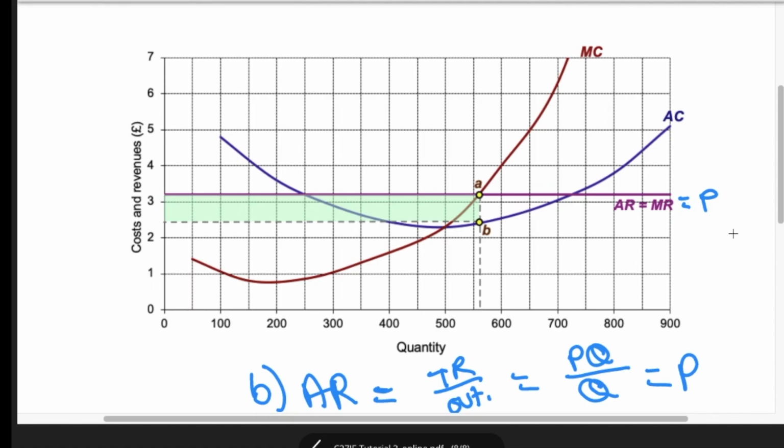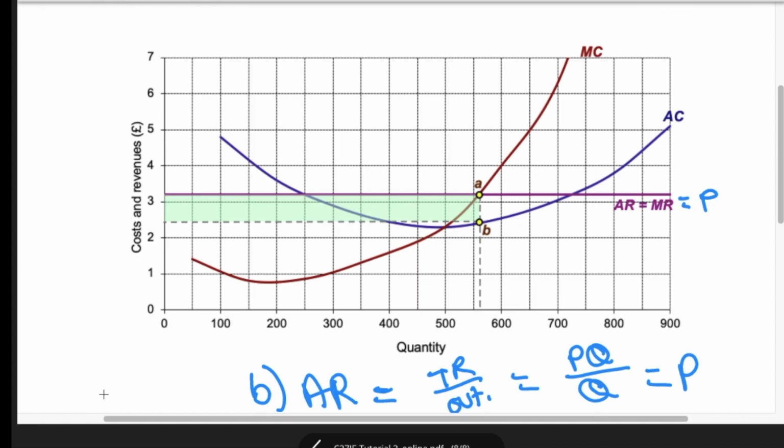So if you ever see that this is your demand curve, that's why, because this is equal to price. This is your demand curve. So not only is it horizontal, this is your demand curve, and we can see that price is this set number here. Looking at this then, does this imply that this firm is a price taker or a price setter?